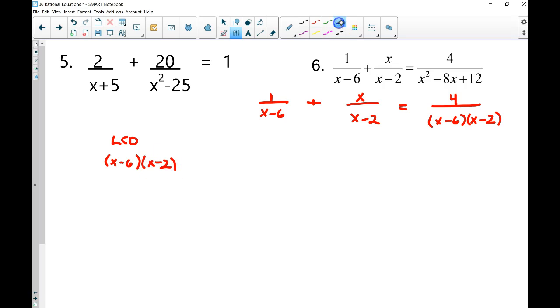I'm going to switch colors, and for each term I'm going to multiply it by x minus 6 times x minus 2. I'm going to reduce common terms.